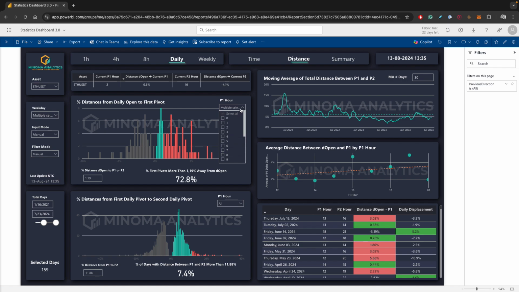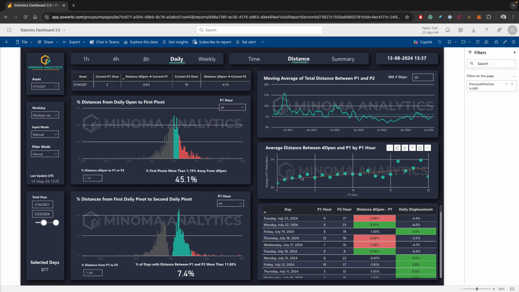So for example, if we have P1 and P2 both at hour 4, the same could happen. But the thing is that the distance between hour 0 and all the other hours is bigger than the difference between any of the other hours.